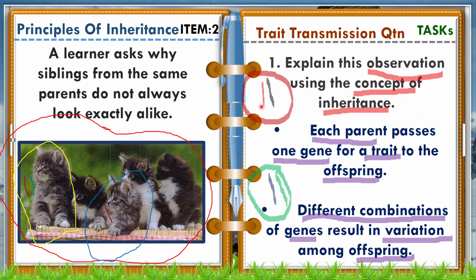If you look at the genes that came from the mother, they are different. And the genes that came from the father, they are also different. And these are two offsprings or siblings. Because they have got different combinations of genes, it is going to result in variation among the offsprings.